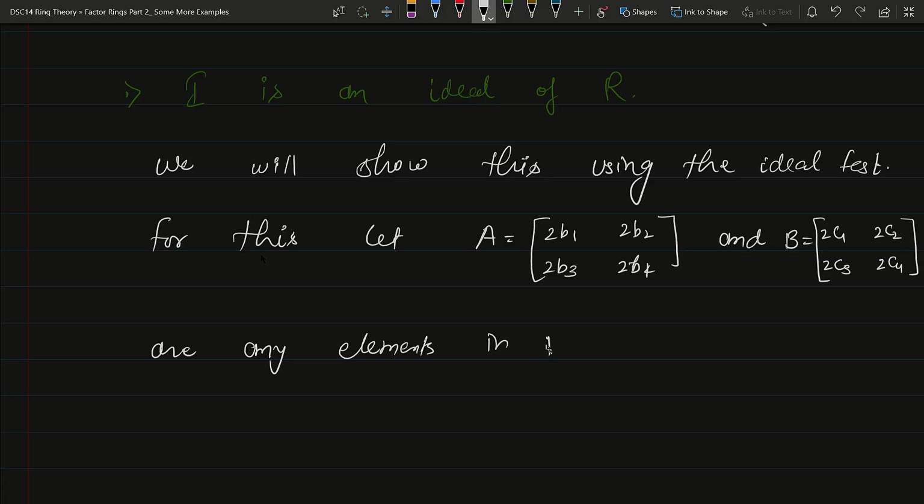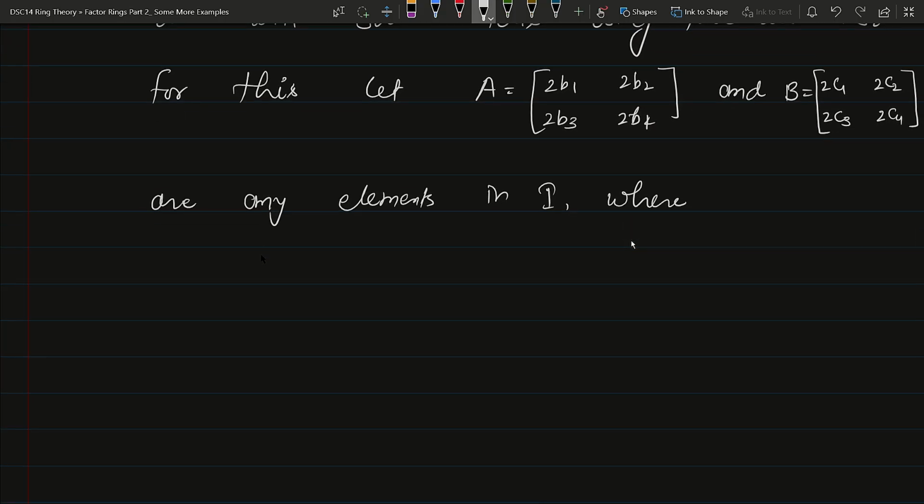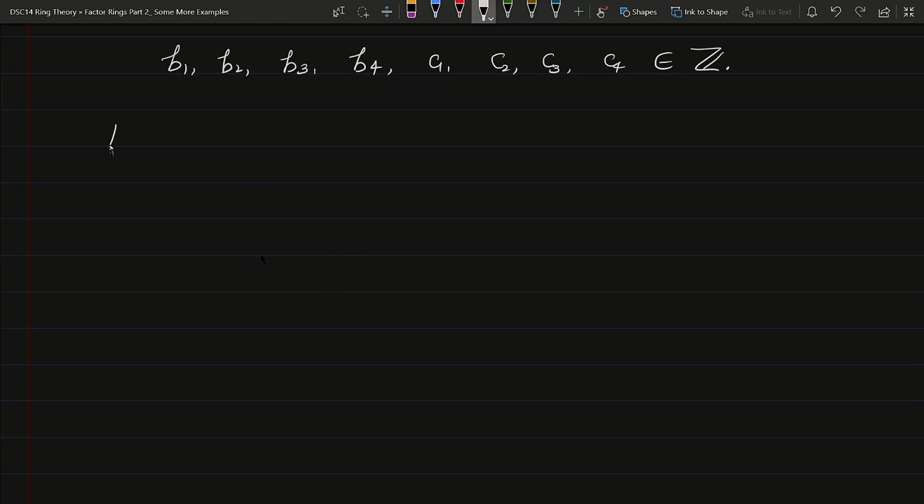We know that if we write the entries of A and B in this way, then b1, b2, b3, b4 and c1, c2, c3, c4 must all be integers. Now just apply the ideal test. What about a minus b?